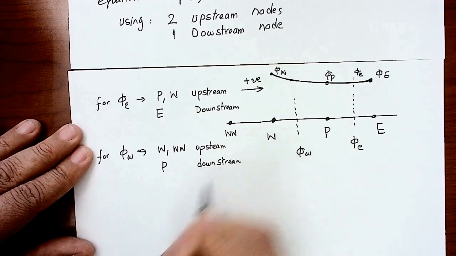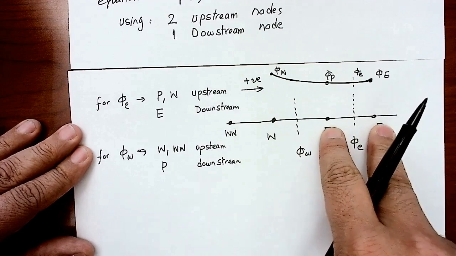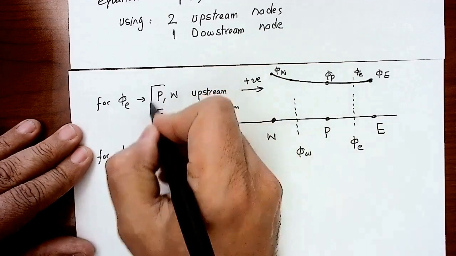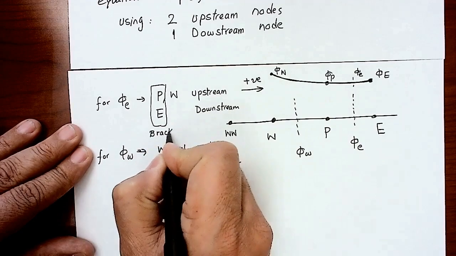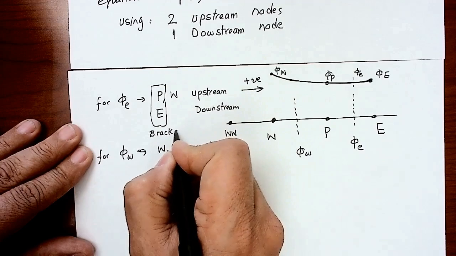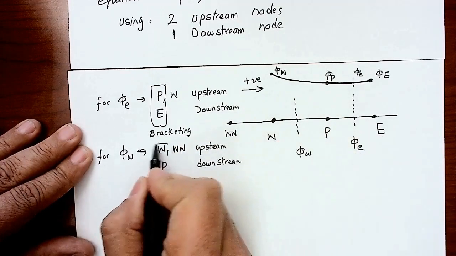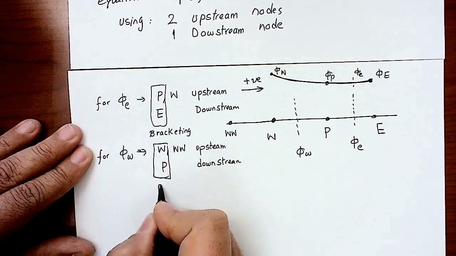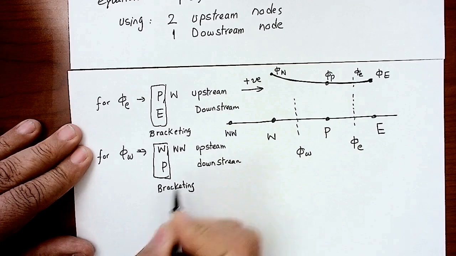Some reference books call the two nodes surrounding the east face the bracketing nodes. And for the west face, these are also sometimes called the bracketing nodes.